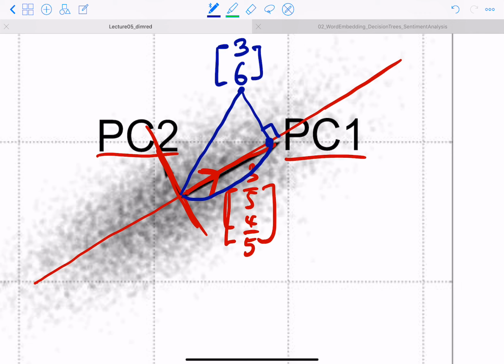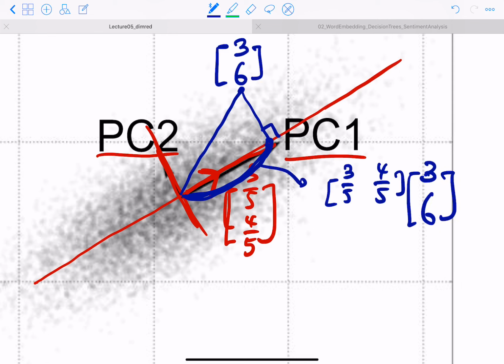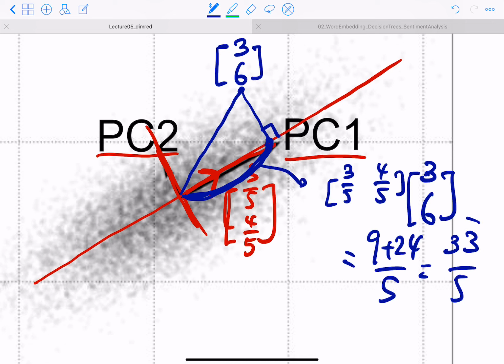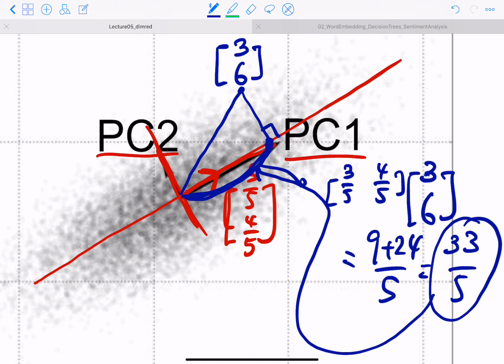This length is computed as the inner product with this unit vector that indicates the direction of the first principal component. So this is the length of this line segment.